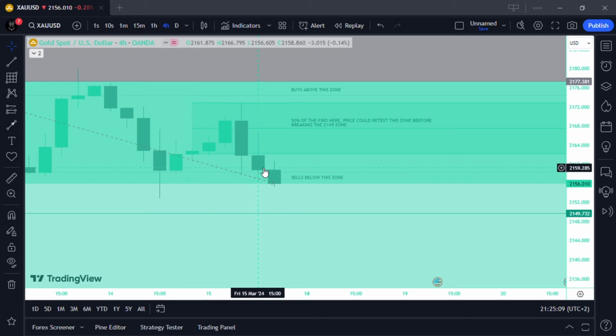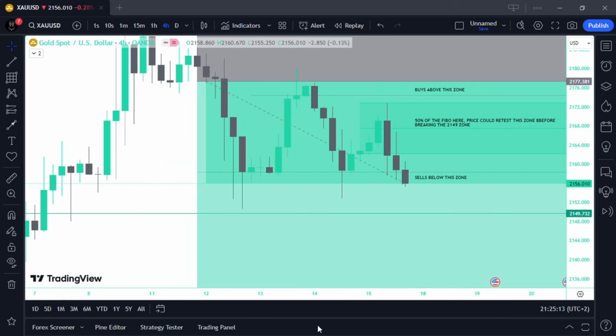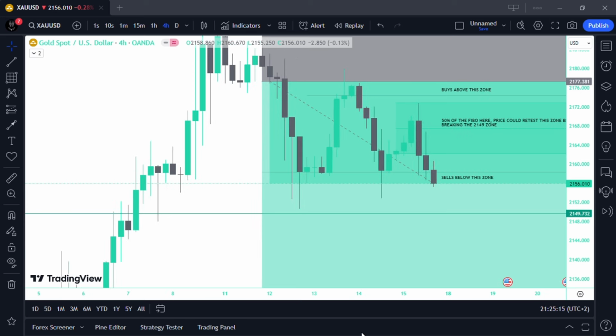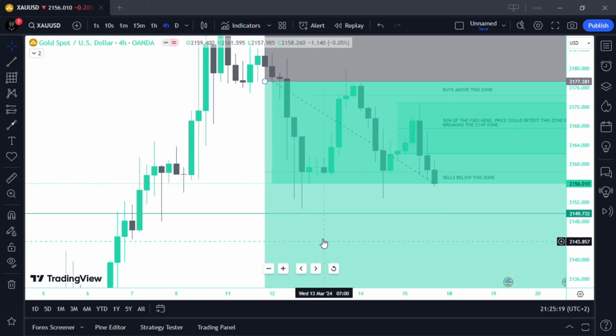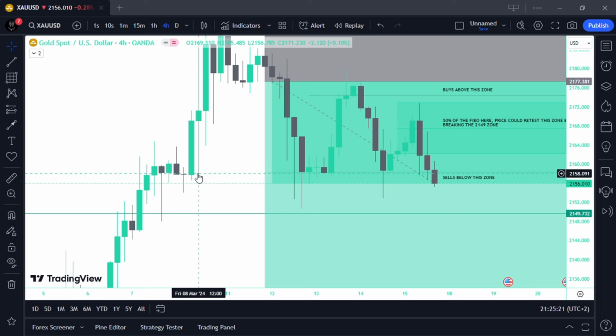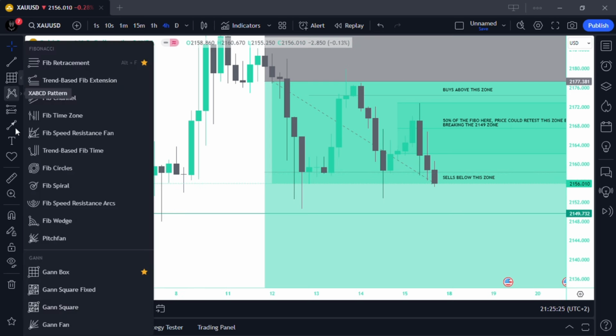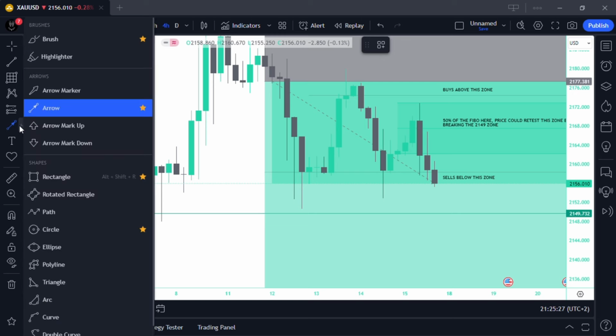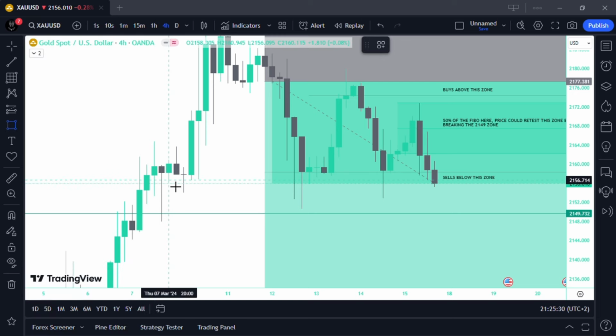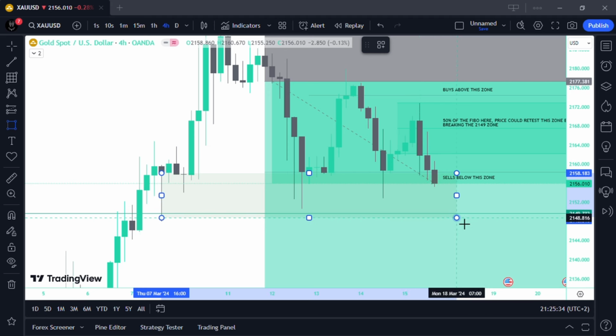So the question would be, when were we supposed to enter? Basically on Friday, everyone was supposed to enter at the 2158 zone, but because the market had already closed and price closed at the 2156 zone, we will only sell on Monday, or basically Sunday market open in the evening for us that are in South Africa, at around when the market opens.